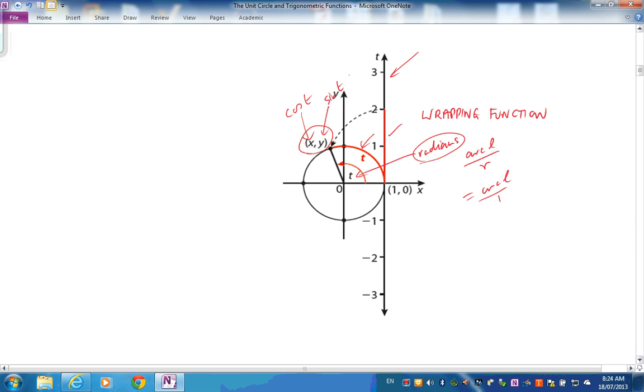We are talking about finding the sine and cos of numbers on a number line because of circular functions, and just wrapping that around and using the idea of radians being arc length over radius, then we've got a direct association between the angle at the centre, so this is equivalent to our angle theta as we used to say. But we could call it t now, because it's going to have the same value as the arc length. Crazy, crazy.